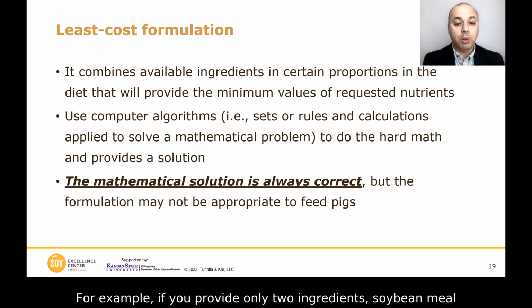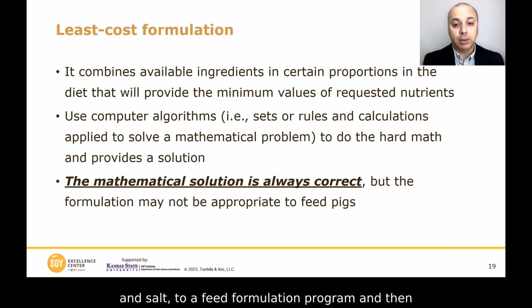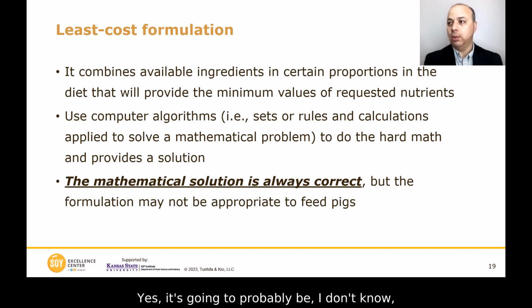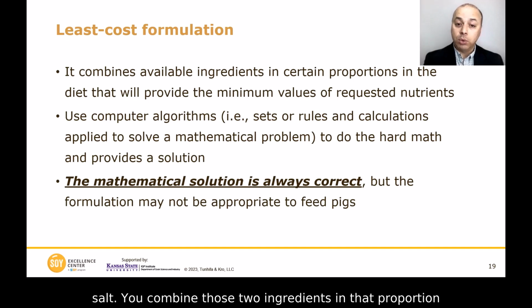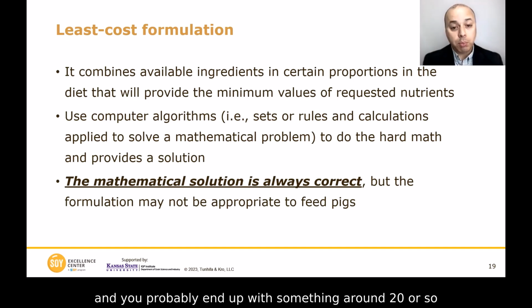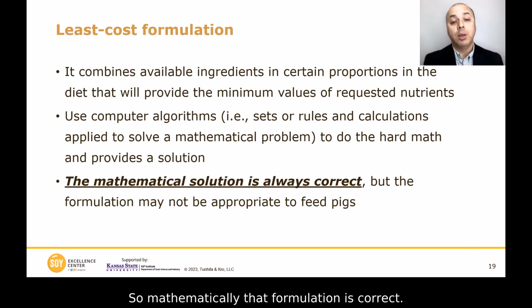For example, if you provide only two ingredients, soybean meal and salt, to a feed formulation program, and then you ask for the feed to contain 20% crude protein, it's going to probably be, I don't know, something like 40% soybean meal and about 60% salt. You combine those two ingredients in that proportion and you probably end up with something around 20% crude protein. So mathematically, that formulation is correct.